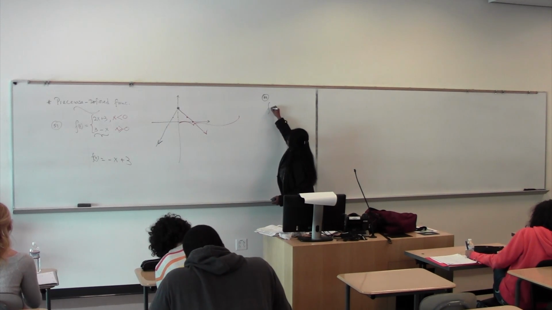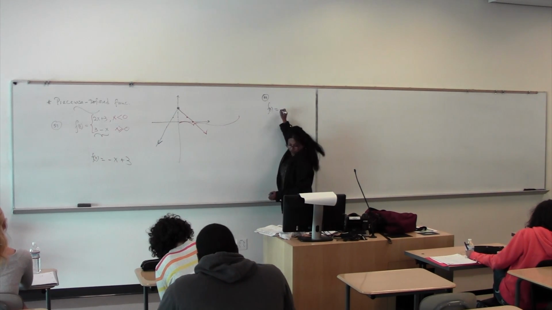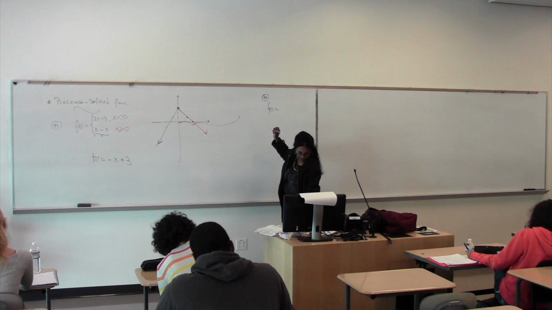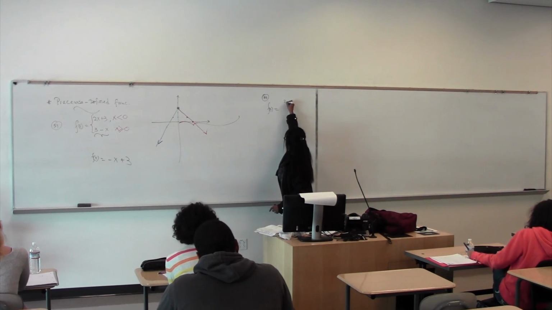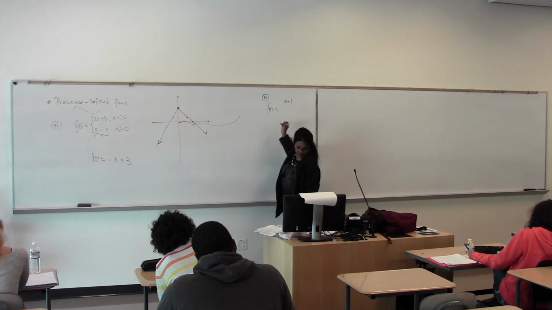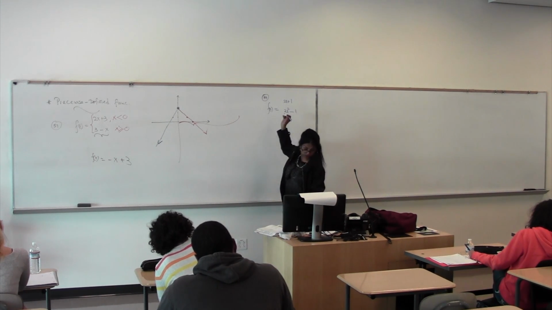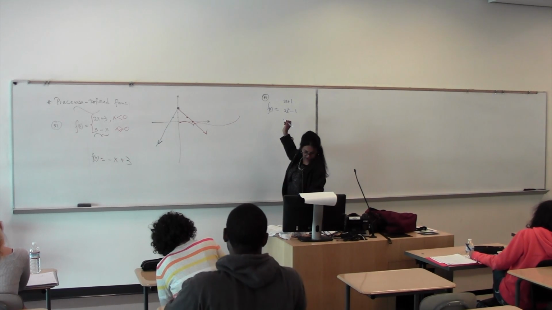64: f of x is equal to, we have 3 pieces here, correct? 2x plus 1, 2x squared minus 1, and 1 minus x squared.